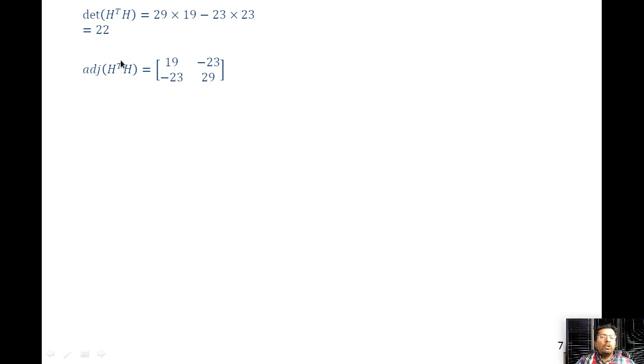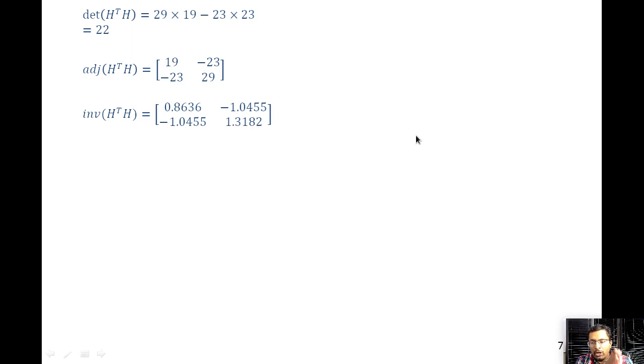Then I'm going to divide this by 22, or multiply it by 22 inverse, both are the same. So that gives me 0.8636 to about 4 decimal places, and then minus 1.0455, minus 1.0455, and then 1.3182.